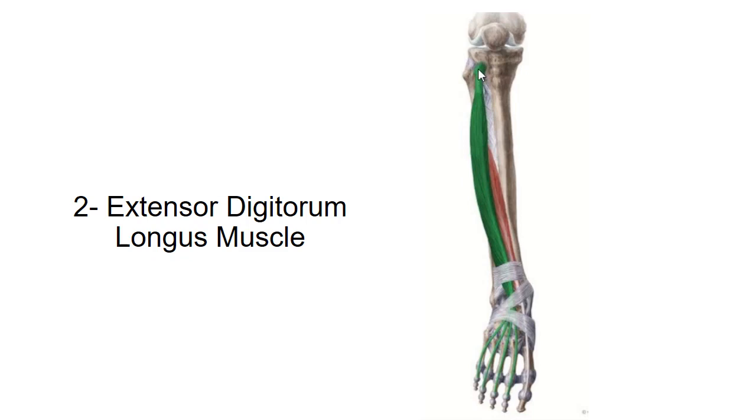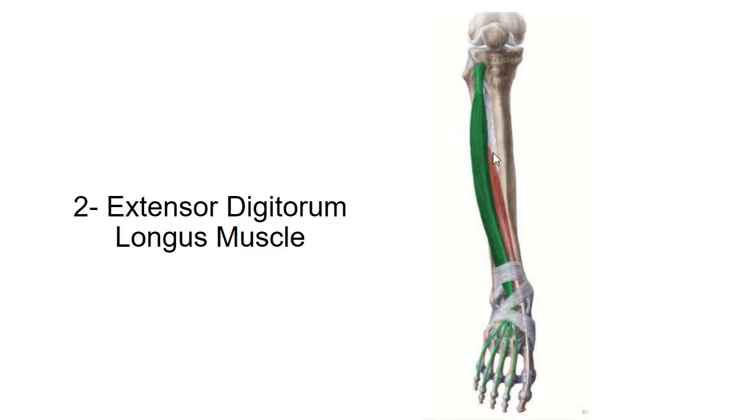As you can see in this image, a small part of the muscle arises from the lateral condyle of the tibia, whereas most of it arises from the whole upper 1/4 and anterior half of the middle 2/4 of medial surface of shaft of fibula.